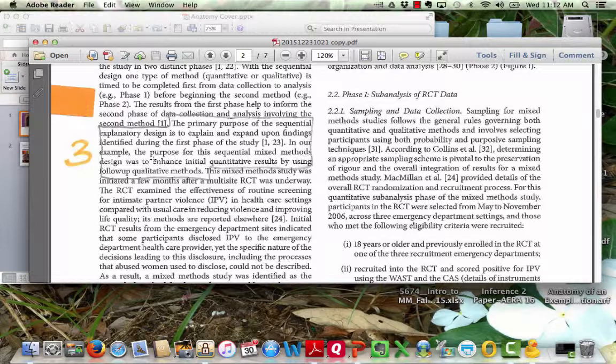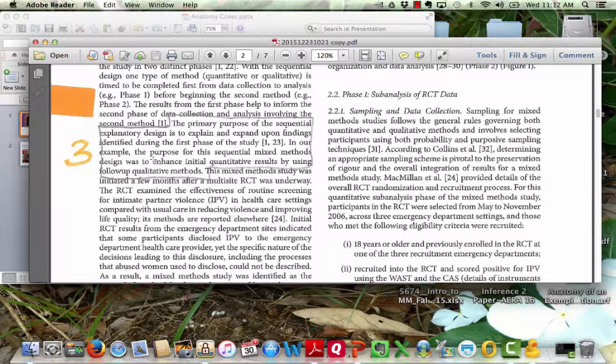that the more severe the injuries, the less likely the person in the emergency room was to identify the injuries as being the result of domestic violence or partner violence, rather than to say it was simply an accident.